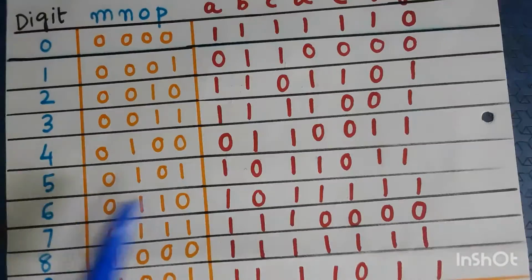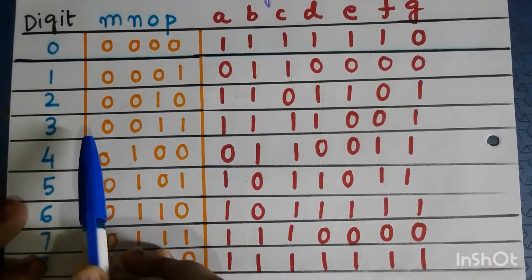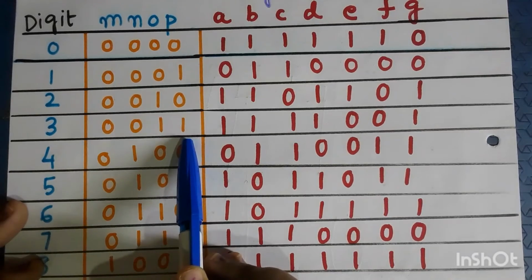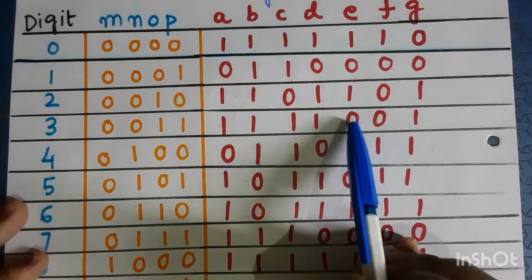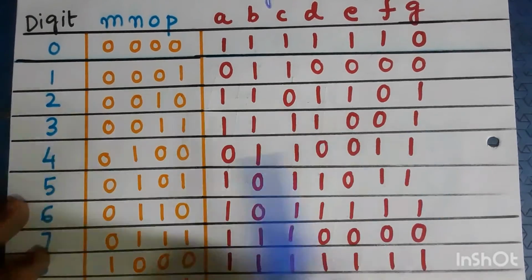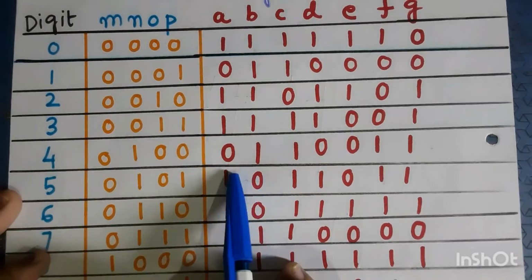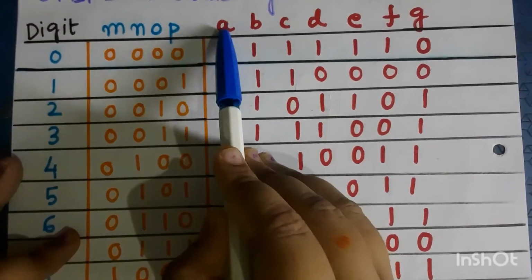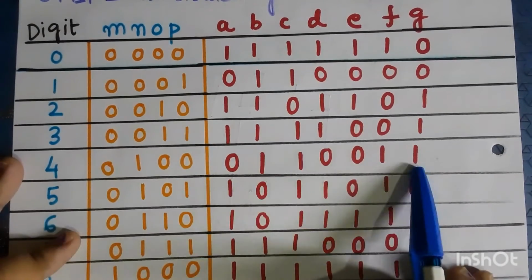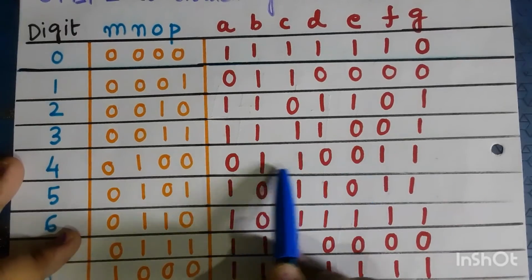To represent 3, BCD 0011, what would be the A to G values? Except E and F, all would be lit. To represent 4 in decimal, BCD 0100, except A, D and E, all would be 1.